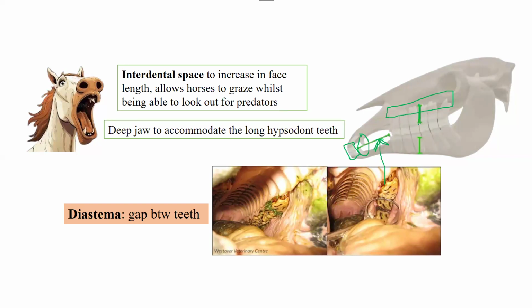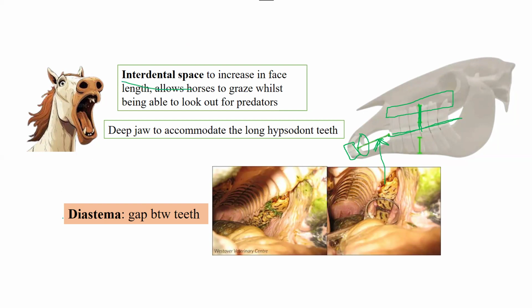Hypsodont teeth have a long crown, and they are longer than brachydont teeth. We have recorded a separate video in previous lectures on hypsodont and brachydont teeth. If you haven't seen that video, or you don't have any concept about these terms, you can go and watch those videos. But here we have seen interdental space.